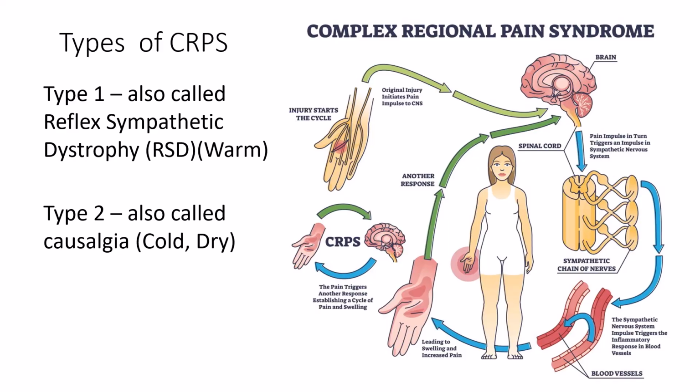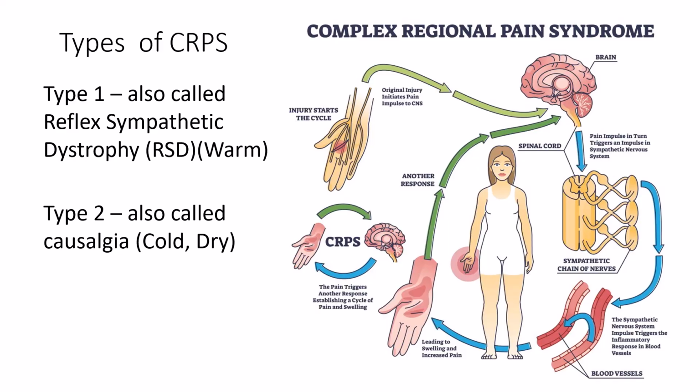Complex regional pain syndrome, CRPS, is a term used to describe an array of chronic neuropathic pain conditions in which the pain is more severe and longer lasting than would be expected from the initial tissue damage. Complex regional pain syndrome usually affects an arm or a leg. It typically develops after an injury or a surgery. Pain in the injured or operated area becomes magnified, and there are changes in blood flow to the area.